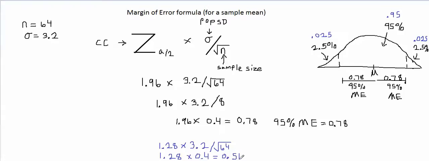Now if I wanted to go through all of the steps with you again, what I would have done is I would have taken the square root of 64 and it would have become 8, like it did here. And then I would have divided 3.2 by 8, and then that would have become 0.4. But I skipped over those steps just because I already did them with you up here. So our 80% margin of error is 0.51.